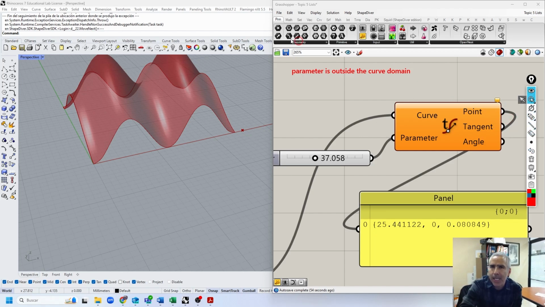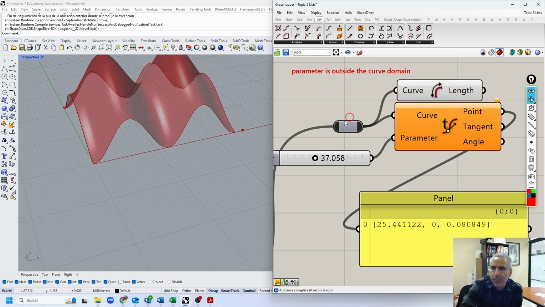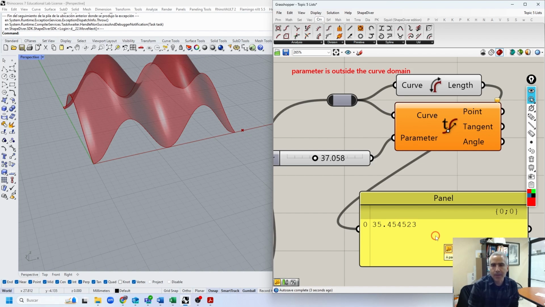I can get a curve analysis length, plug that curve there, and I can see that the curve length is 35.45.